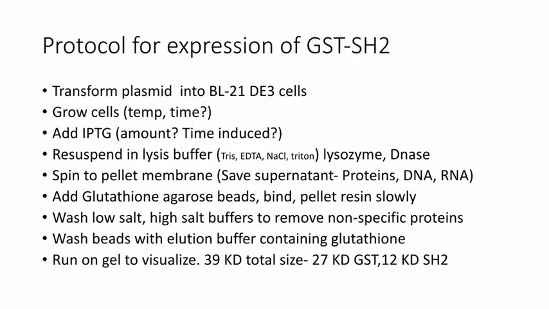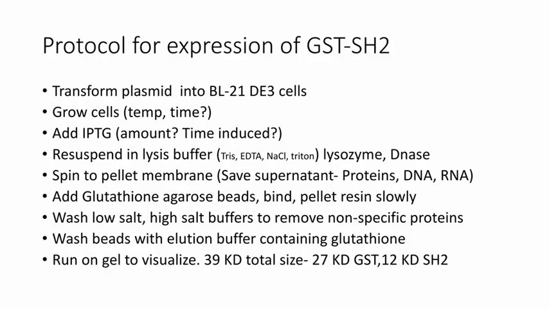Now, in expressing our GST-SH2, there were a lot of problems that had to be worked out by the person that worked out the protocol. And this was someone's master's project that had to do all this. They first transformed the plasmid into BL21 DE3 cells, which is a strain of E. coli that's very good for expressing proteins.